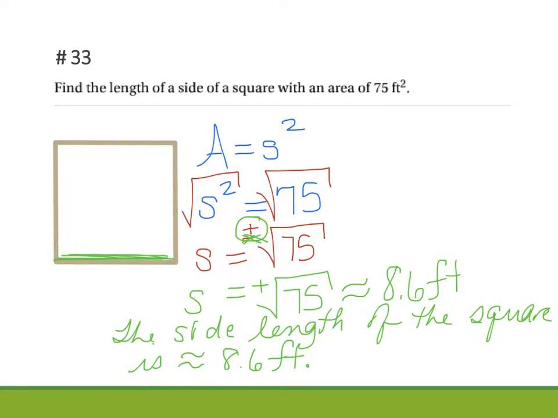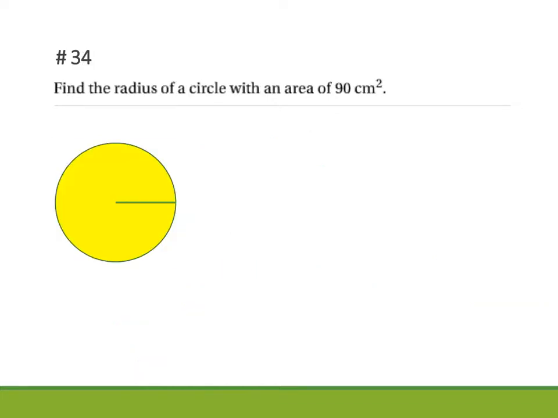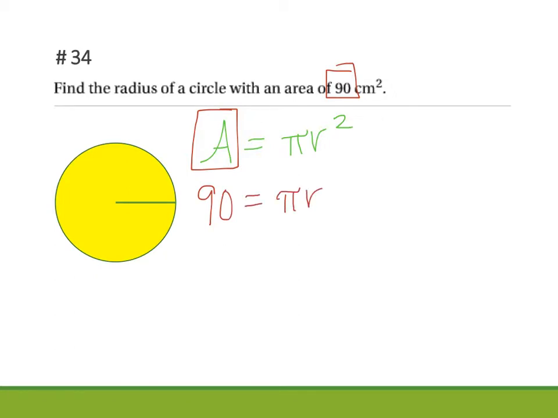Okay, let's try the third problem, number 34. In this case, we are asked to find the radius of a circle with an area of 90 square centimeters. Well, remember that the area of a circle is area equals pi r squared. So we're going to replace the A in the area formula with 90 and write this as 90 is equal to pi r squared.